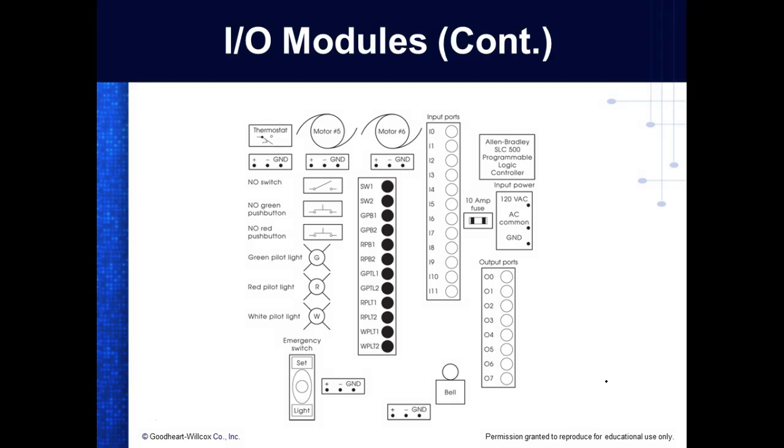So what we have is input ports, and these are single bit, and then we're going to have a terminal on the input module. These are usually either Phillips, most of them are straight slot. And then what we're going to hook up to this, we would run a wire to it, right?